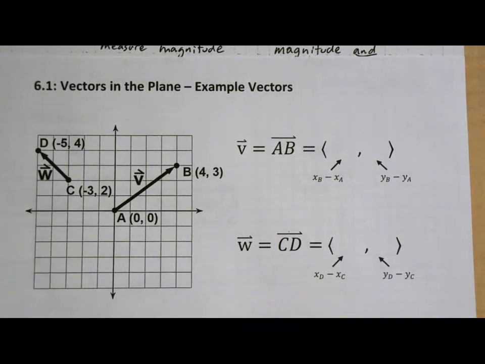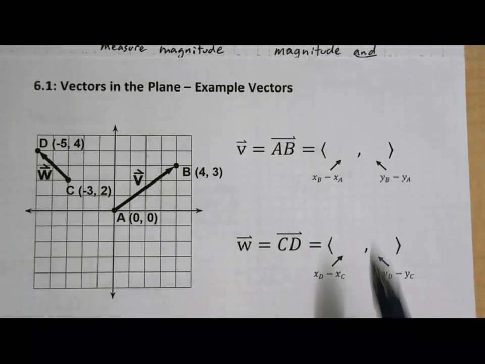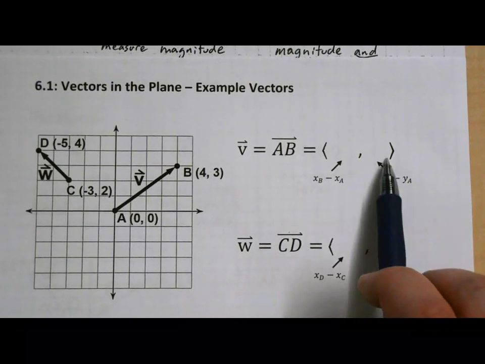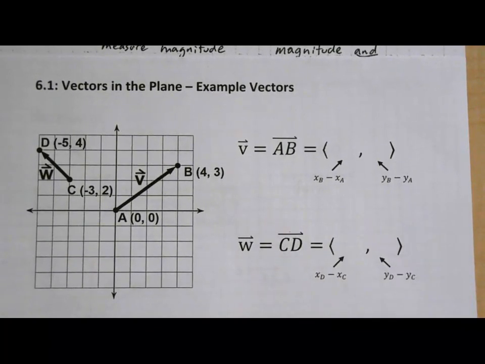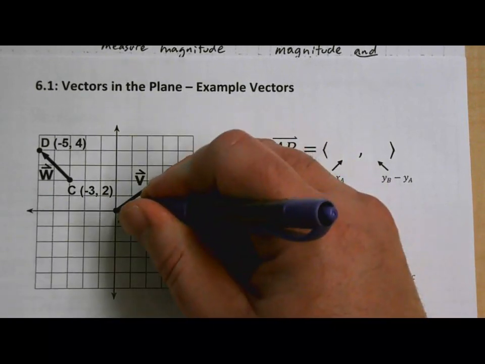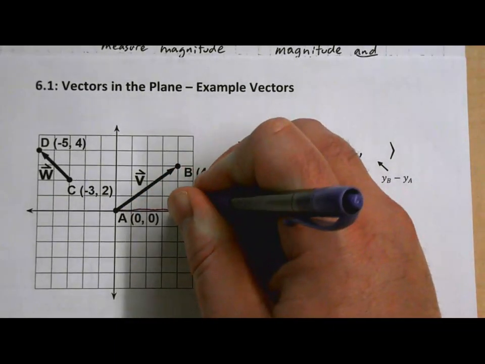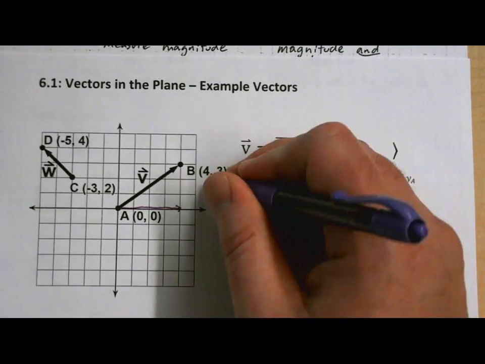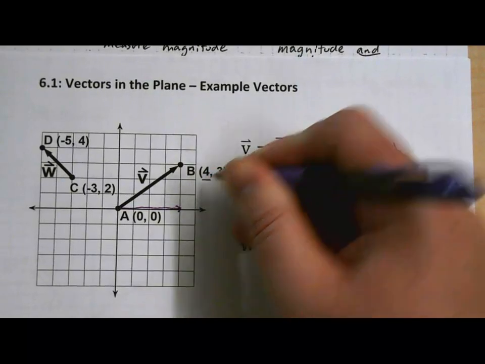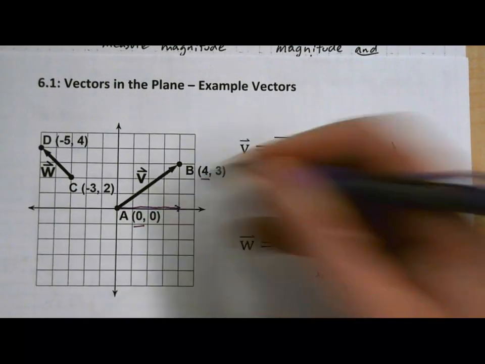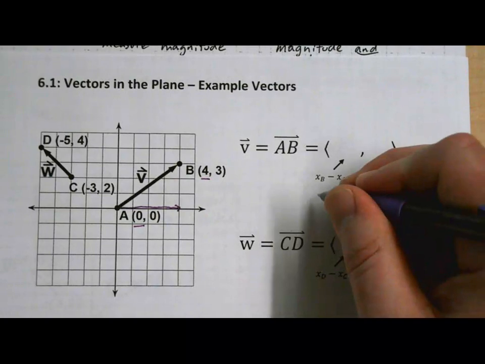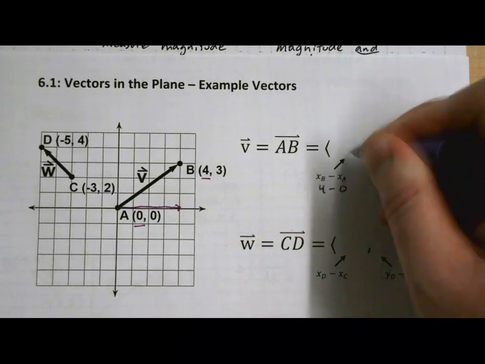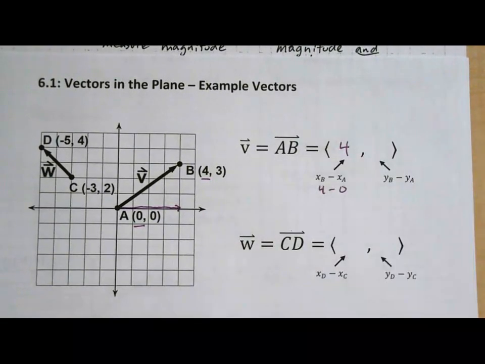So when we do this, we're going to figure out the x component and the y component of our vector. The x component of the vector is going to be how far the vector travels in the x direction. And if we know the coordinates, we can use the two x coordinates. We always do the terminating x coordinate minus the initial x coordinate. So I would go 4 minus 0 to get my x component.